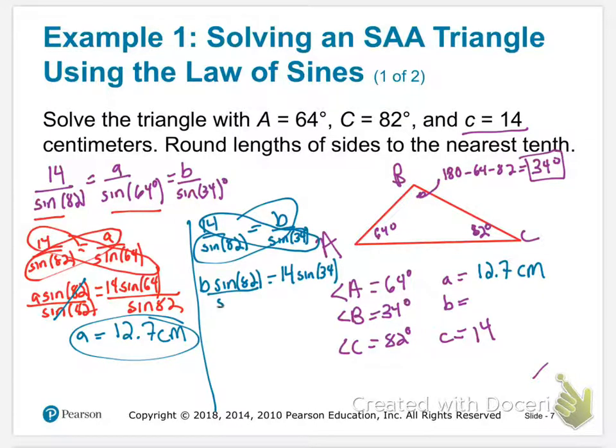Divide by sine of 82. When I put this into my calculator, I ended up with 7.9 centimeters. And again, we're going to put that over here, 7.9 centimeters.